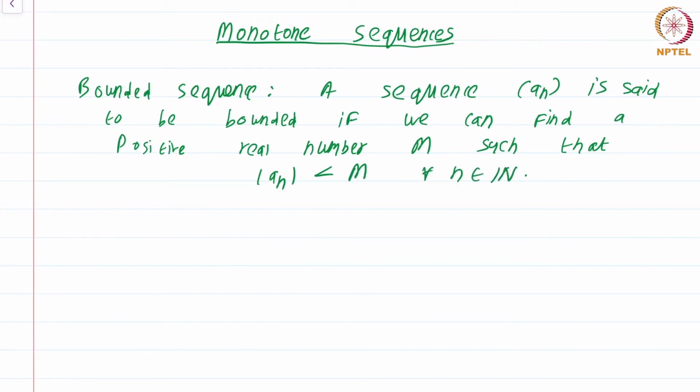Every term in the sequence is bounded in absolute value by the number M.